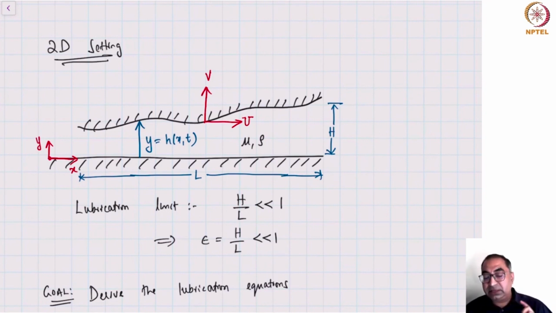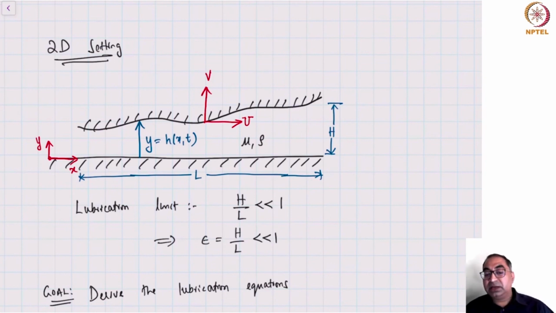The thickness itself, h of x comma t. Why did I say h of x comma t? Because if the wall is moving horizontally or vertically up, then the thickness at any given point is changing. But apart from that, the position of the wall is fully determined by the problem.